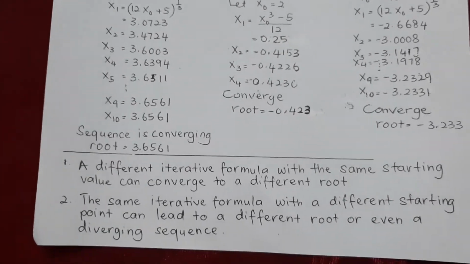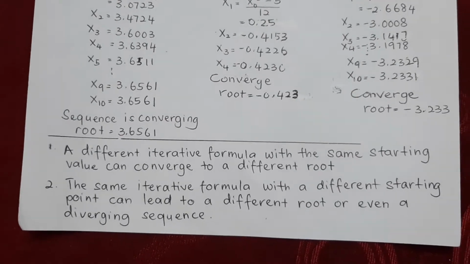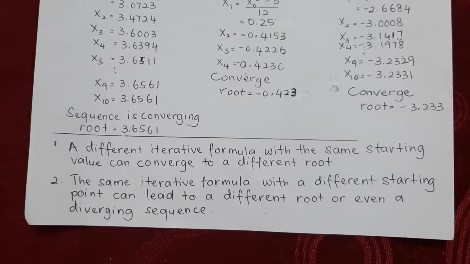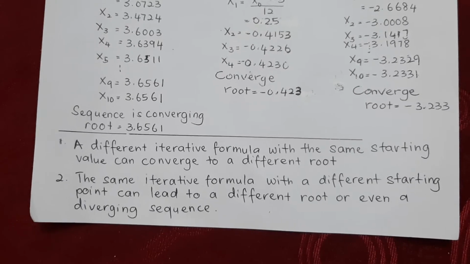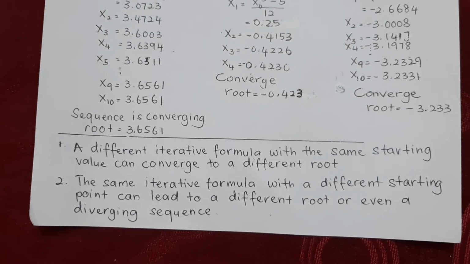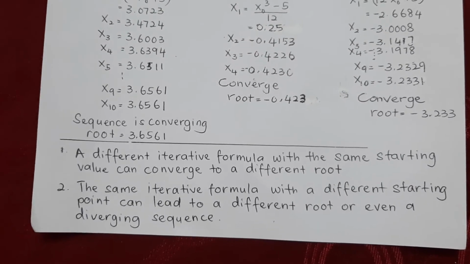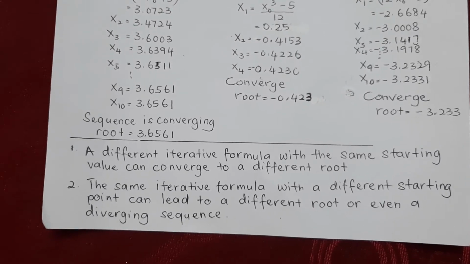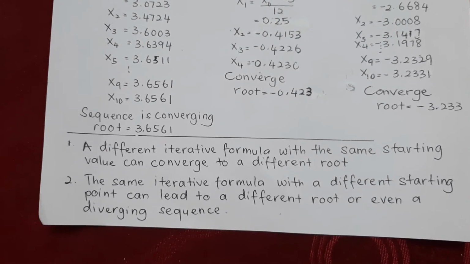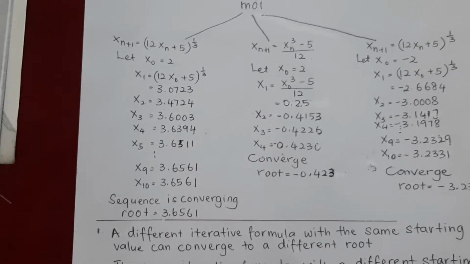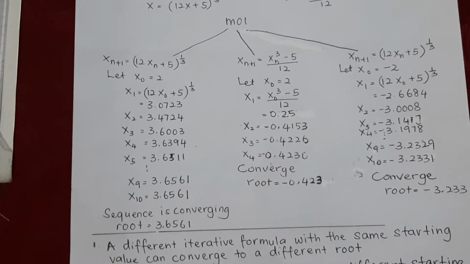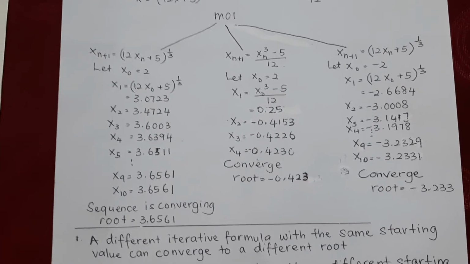Then the second conclusion that we can make is that the same iterative formula with a different starting point, different initial guess, different x0, can lead to a different root or even a diverging sequence. So we have been lucky so far. All our iterations have been converging to a root, but it may diverge.